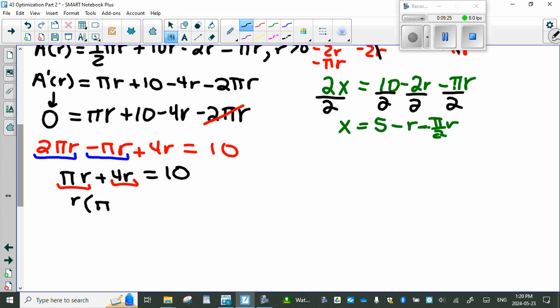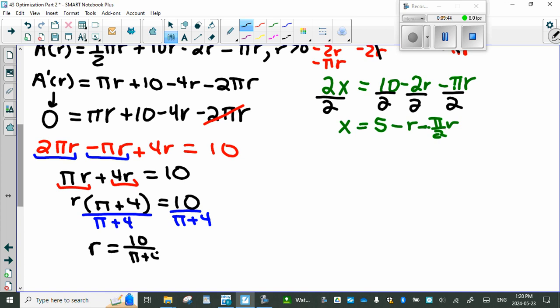So I would get pi plus 4, which means now I would divide both sides by pi plus 4. Remember, pi plus 4 is just a number. So we've got our critical number is 10 over pi plus 4, or approximately, make sure you use brackets when you're putting the pi plus 4 into the denominator.